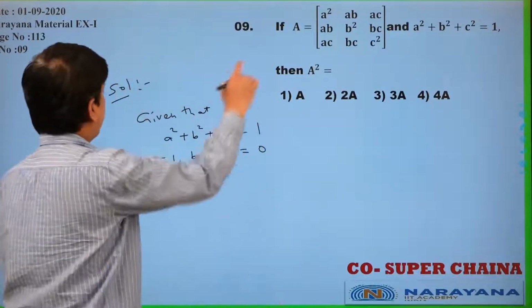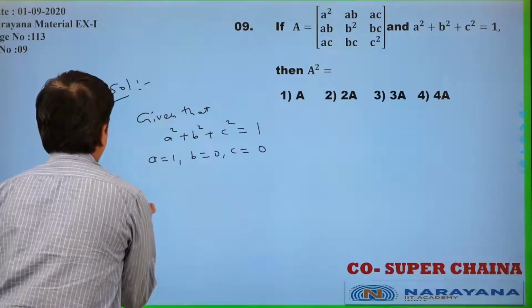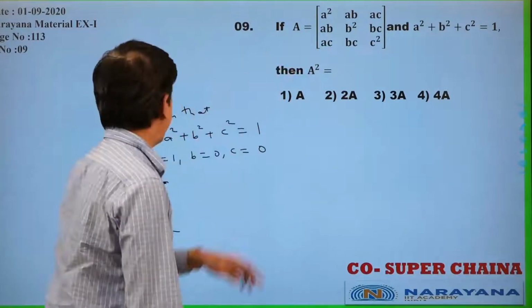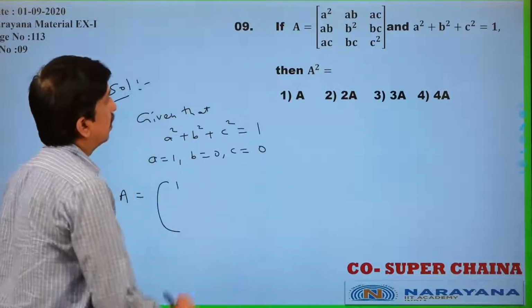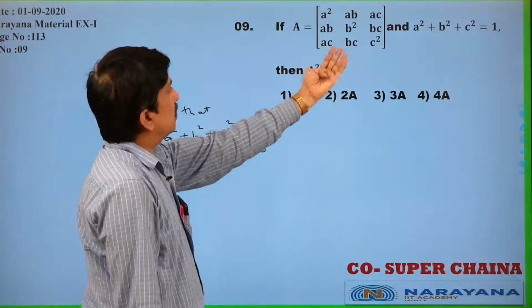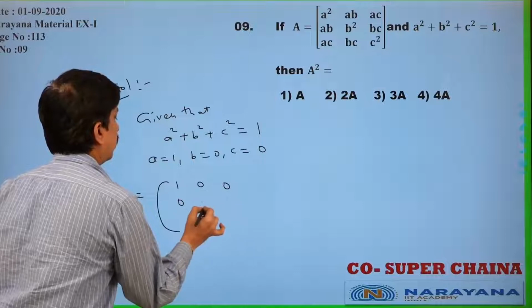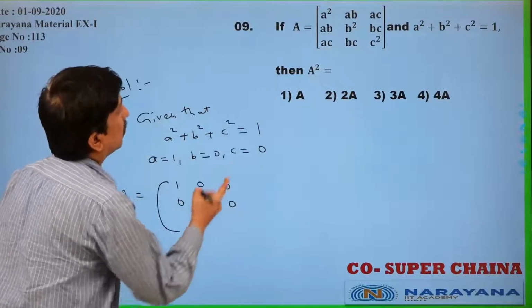Now once you observe, our A will become, a² is 1, and with b 0 and c 0, everything else will be 0.